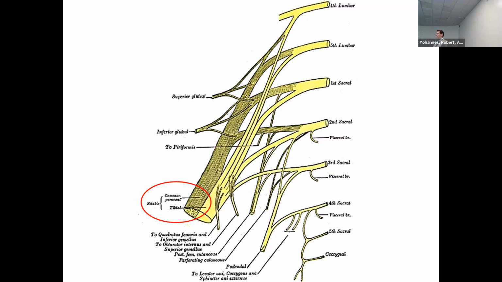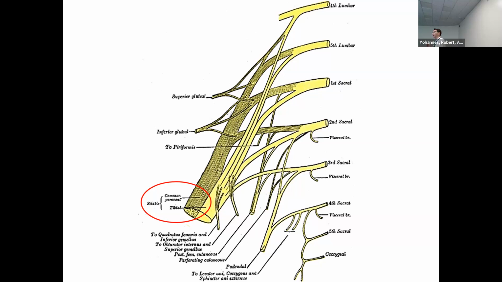And if you look closely, it actually has contributions from the upper parts of the roots and then from lower parts of the roots. You can distinguish two components here, which we'll separate later into the common peroneal nerve and the tibial nerve. But right now, they're still getting along together as a married couple, and they're called the sciatic nerve.